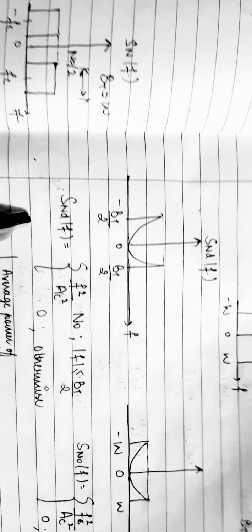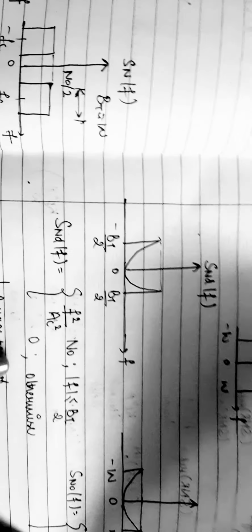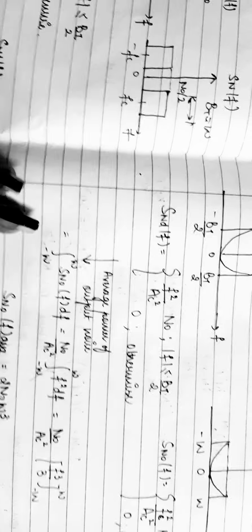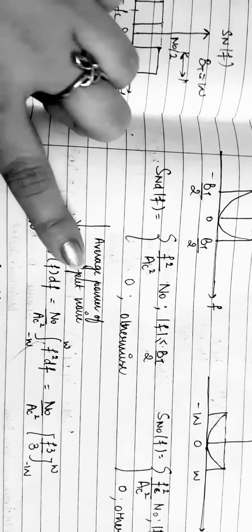So from here we get S_ND(f), that is f square upon A_C square into N naught, where f is less than or equal to B_T by 2. So we can say S_ND(f) is equal to f square upon A_C square N naught, where mod f is less than W, or 0 elsewhere. From here we can calculate the average power of output noise.